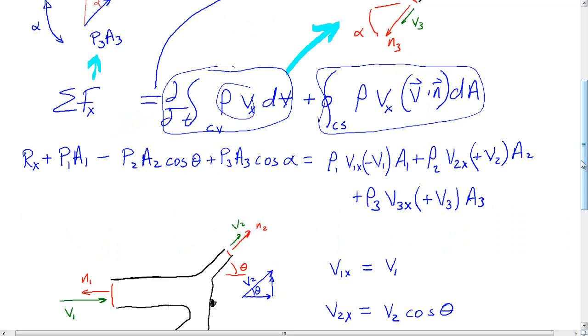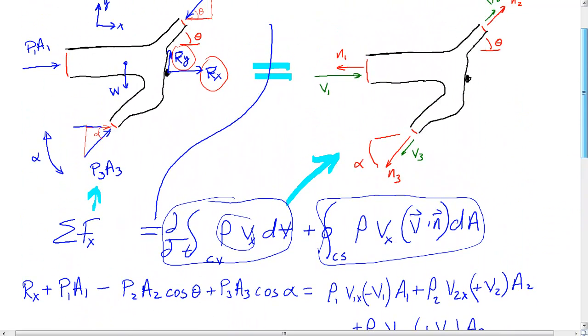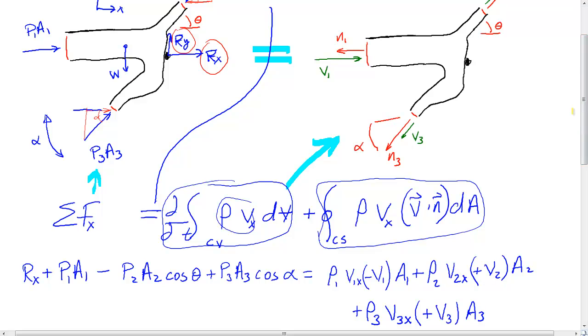But the key I wanted to get here was the delicate nature of each of these terms. For example, I wanted to pay close attention to this term and the fact that it was component based, and close attention to the pressure terms and how they were represented on the drawing. And then we spent some time on these terms.